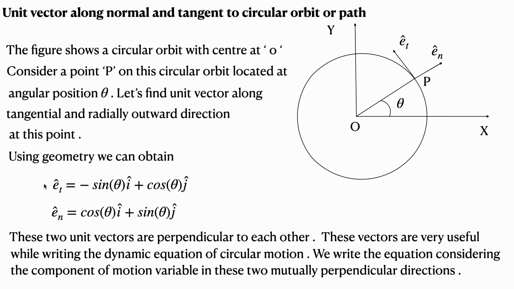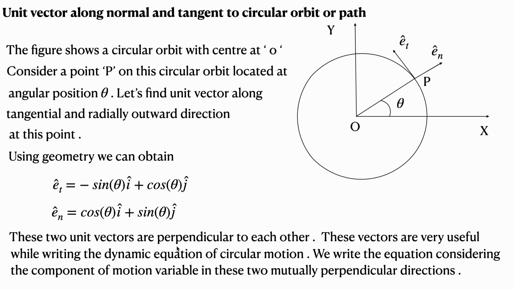Using geometry we can obtain et cap, the unit vector along the tangent direction, equals minus sin theta i cap plus cos theta j cap, and en cap equals cos theta i cap plus sin theta j cap. This is the unit vector along the radially outward direction, or we can say the normal direction.